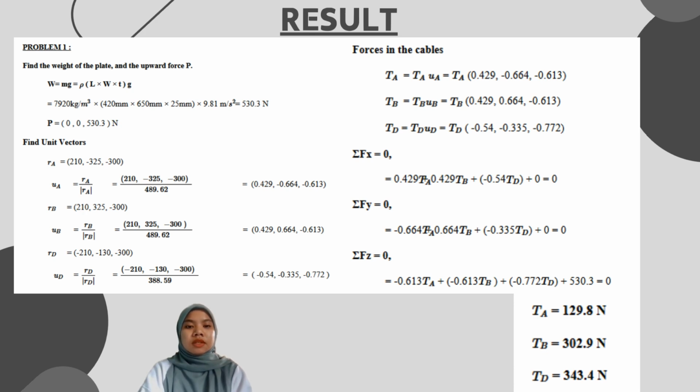The calculated tensions in the cables were TA equals 129.8 newtons, TB 302.9 newtons, TD equals 343.4 newtons.